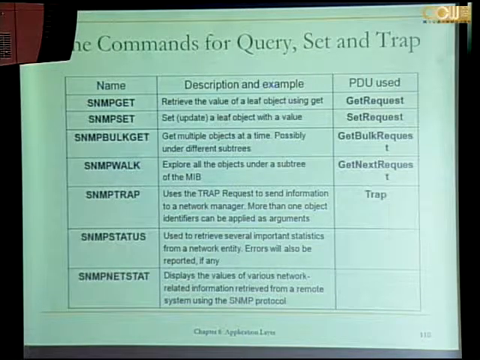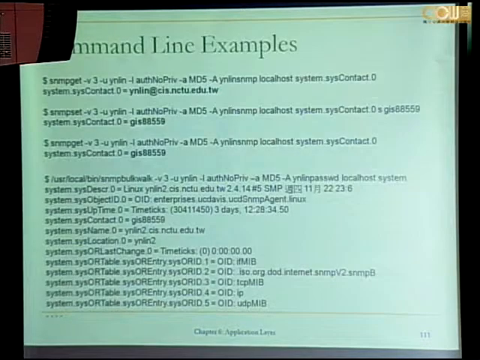Okay, the agent could proactively send the trap message to the manager, and snmpstatus, to retrieve the status of the agent, or check the statistics. These are the commands provided by the Net-SNMP project for the manager.